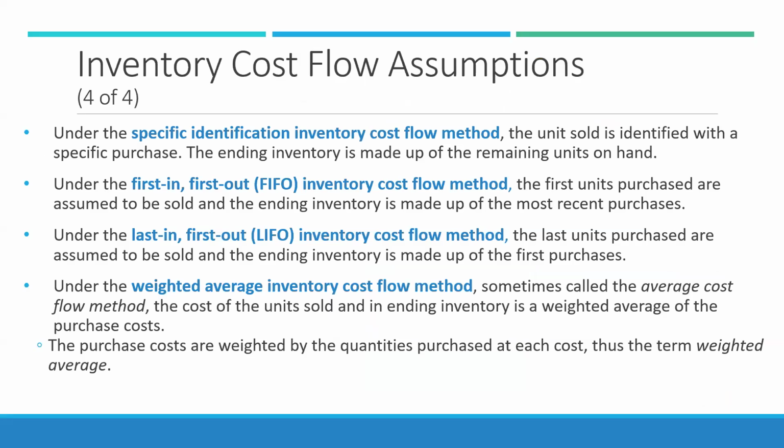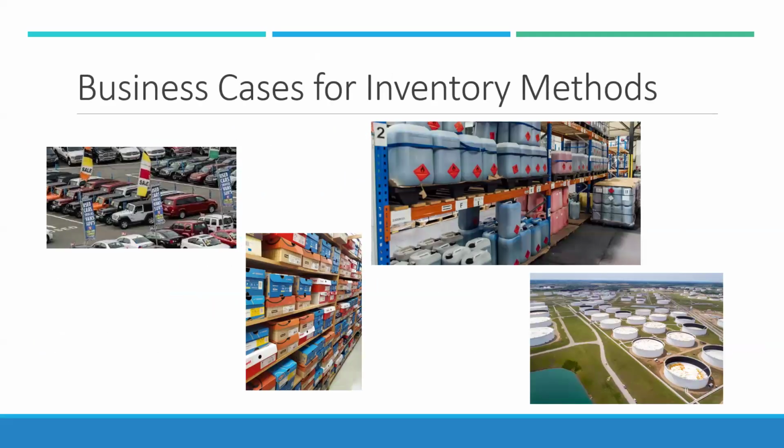Last in, first out assumes the ending inventory is made up of the first purchases. And generally, this is the one that's chosen for tax purposes if it's allowed, or generally accepted in an industry. And a lot of times this is done too in things where it doesn't matter what the first or the last inventory is.